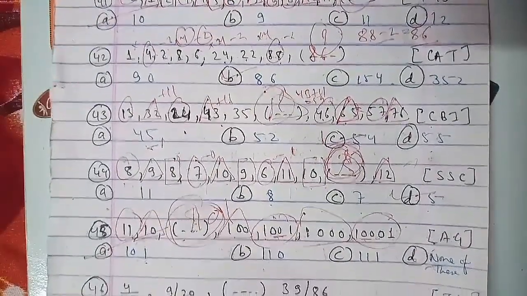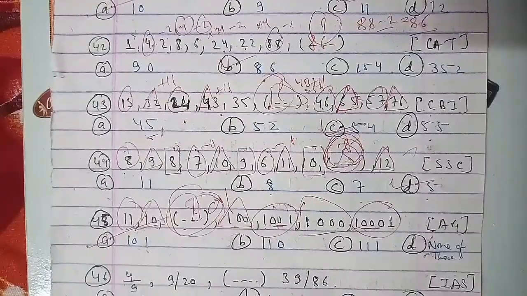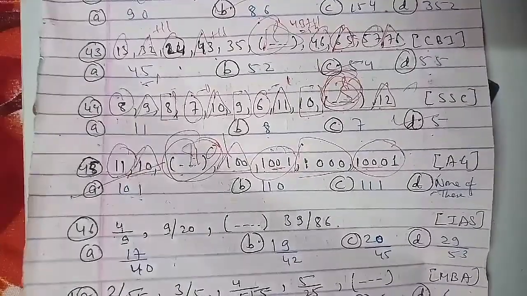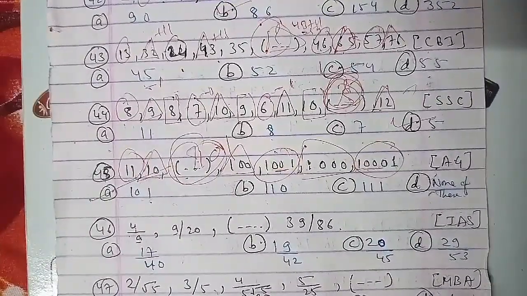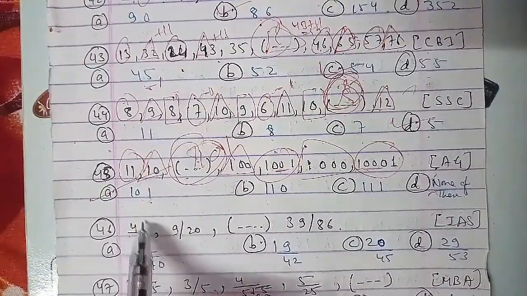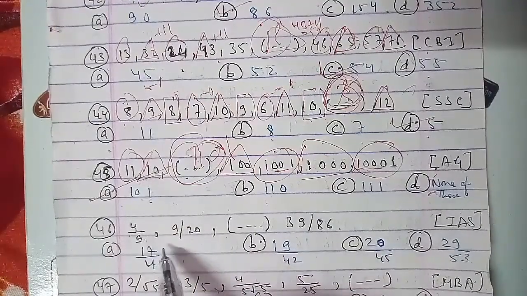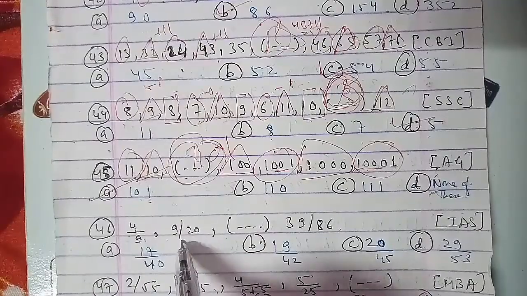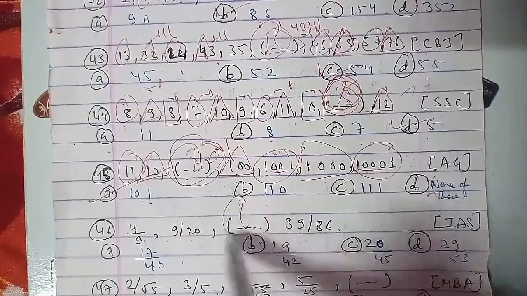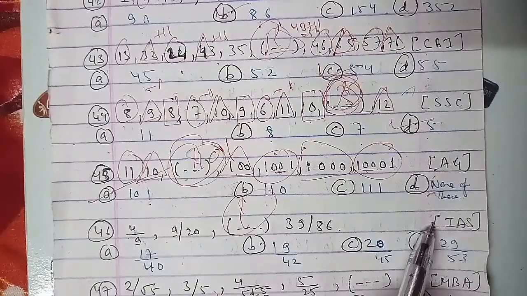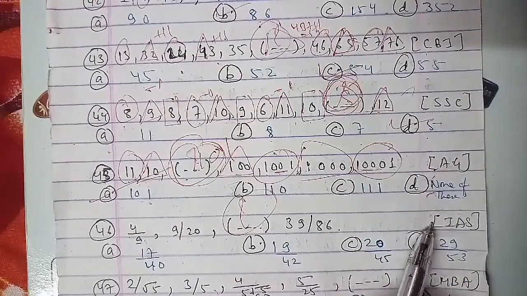Next, moving on to question number 46, and we have to find the answer. Here you can see the series is in fractions: 4 by 9, 9 by 20, then we have to find this number, and then 39 by 86. This was asked in the IAS question paper.